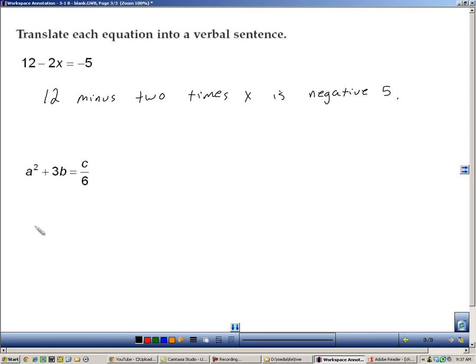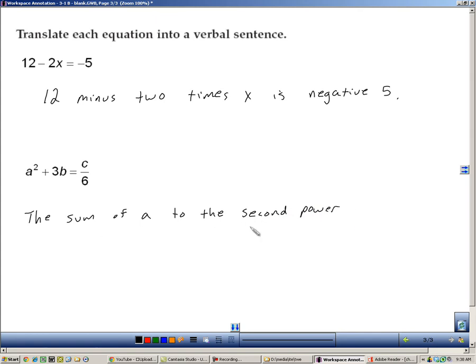Here I'll use the word sum again. So the sum of what? The sum of a to the second power. You could say a squared. I'm doing this just to show you there's a different way to do this.